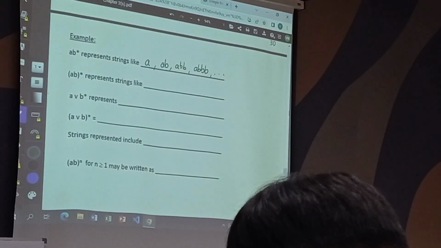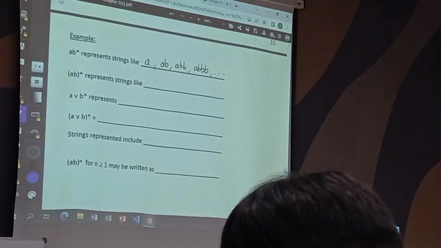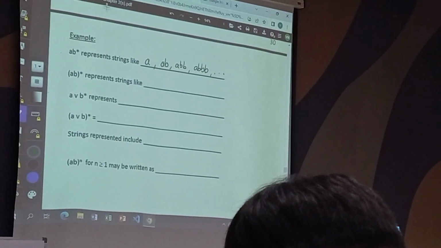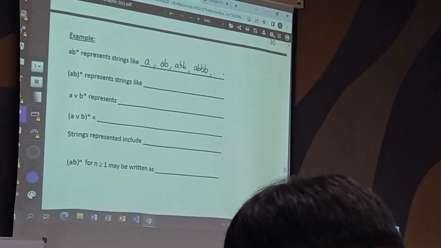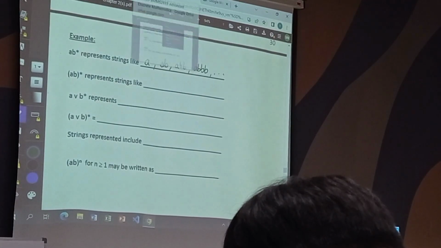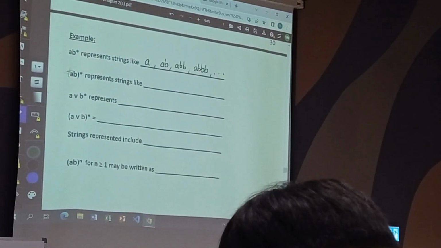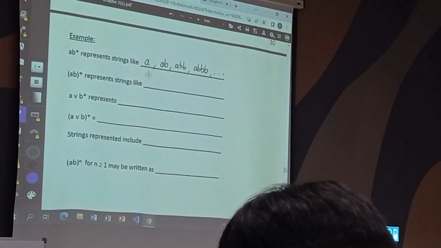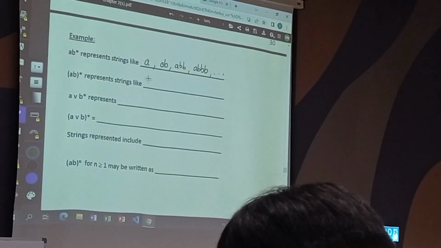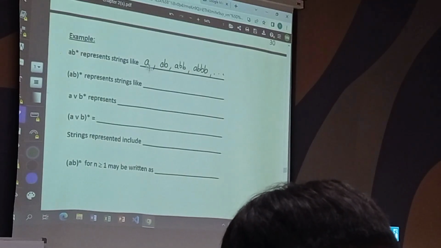What do you get? If asterisk is 0, what do you get? Class, are you here? What is the answer if asterisk is 0? Nothing means? If string you don't have anything, what do you call?